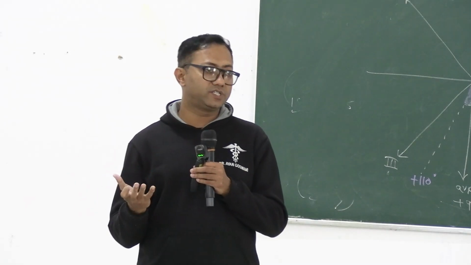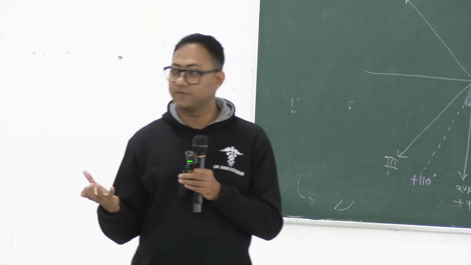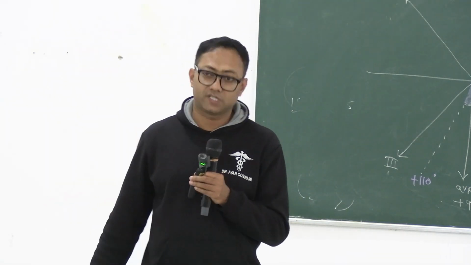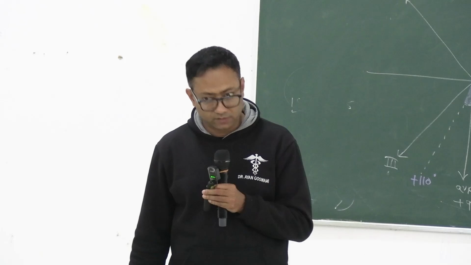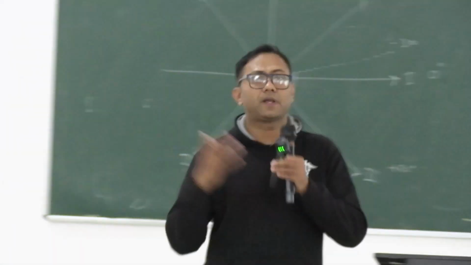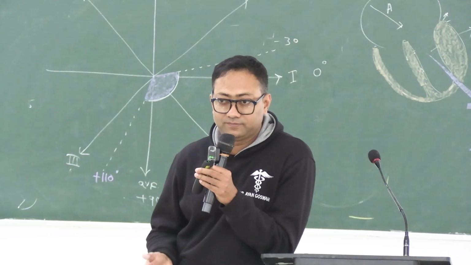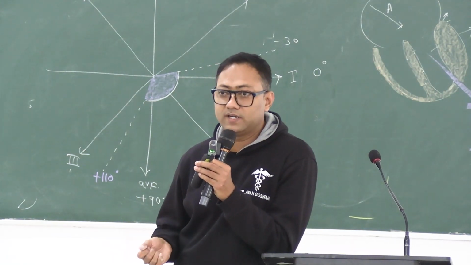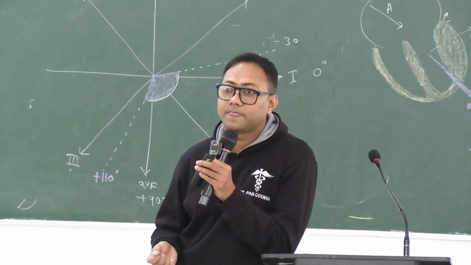How do we create right ventricular hypertrophy? The right ventricle pumps blood into the pulmonary circulation, so let us increase the pulmonary vascular resistance.